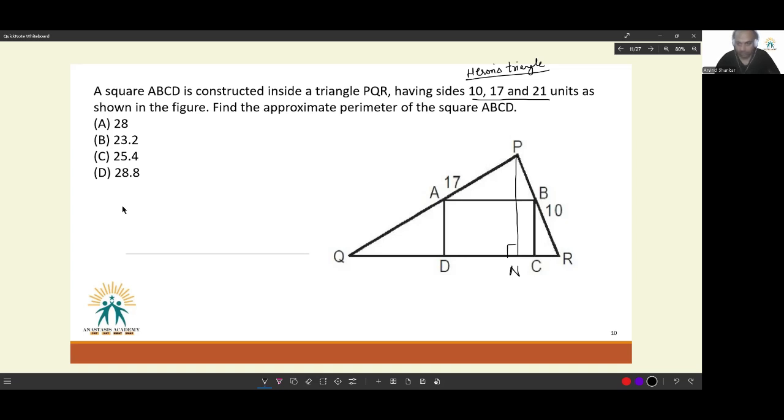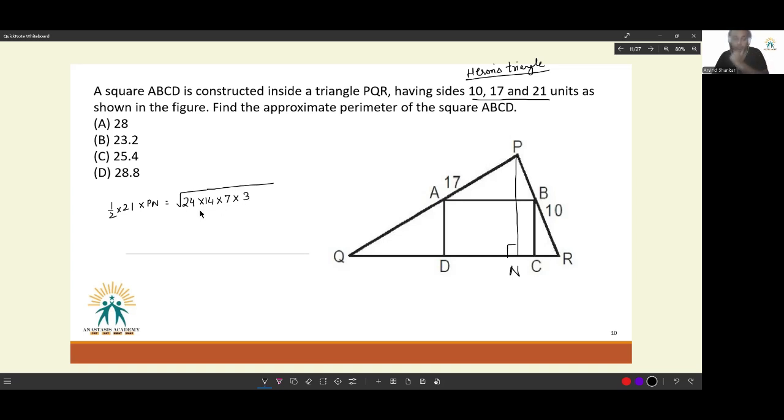So area of this triangle will be half into 21 into PN, which will be equal to under root of 24, the semi-perimeter, into 24 minus 10 is 14, 24 minus 17 is 7, and 24 minus 21 is 3.